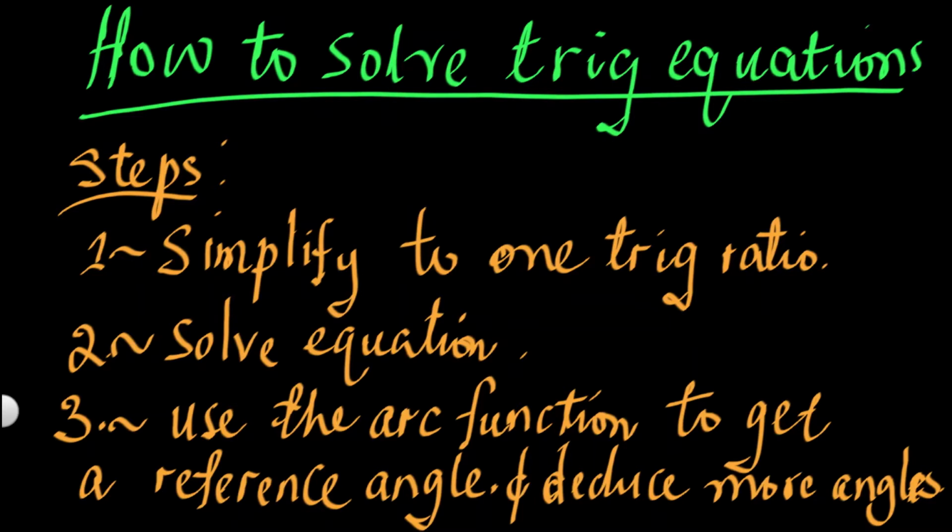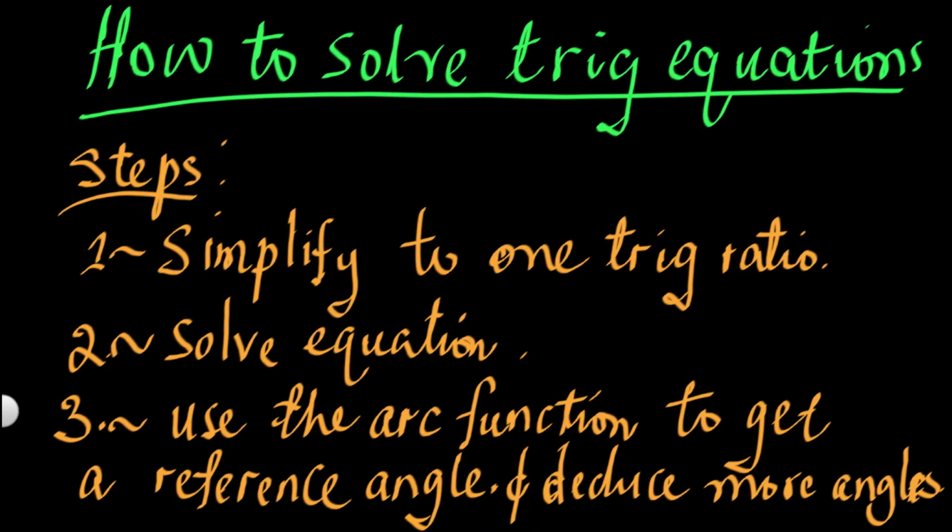You're going to rely on your trig identities to simplify the equation into one trig ratio. What I mean here is there will only be cosine or just a tangent or just sine in that equation. That is the first step.